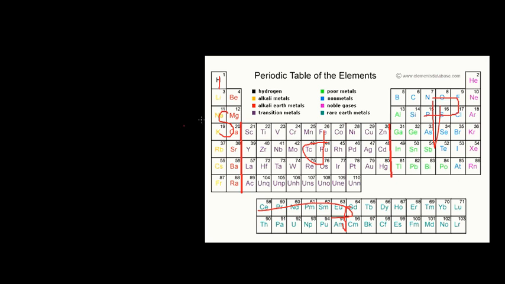So if you know this, the hydrogen atom is in the S orbital and it only has one electron, right? Since it's in the first column of the S orbital, you just write 1s1 for hydrogen.